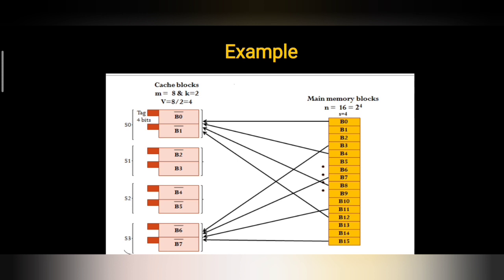So 15 modulo 4 gives me 3, which means that B15 main memory block can be mapped into the set S3. Now within this set S3, I have 2 blocks B6 bar, B7 bar, which means that B15 can either map to B6 bar or B7 bar. So this is how this particular set associative mapping works.